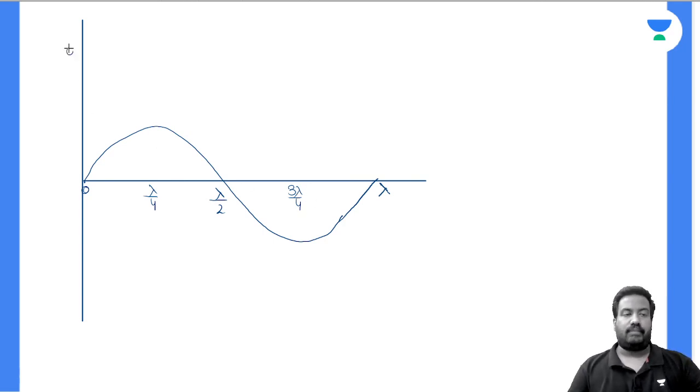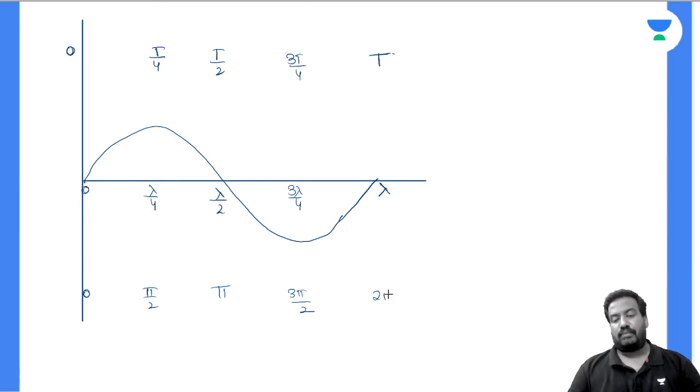Wavelength. Time 0, T by 4, T by 2, 3T by 4 and T. Phase shift 0, pi by 2, pi, 3 pi by 2 and 2 pi.